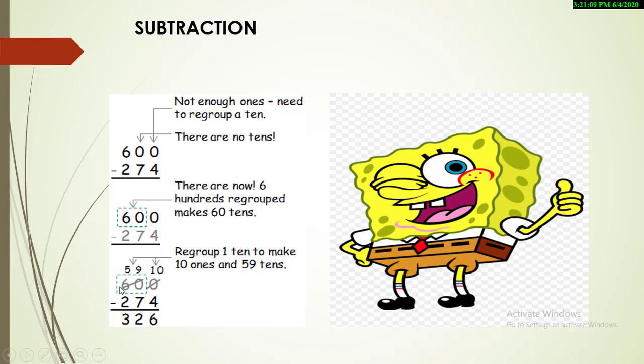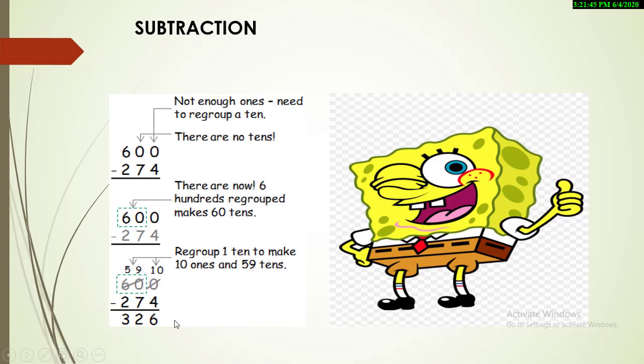So the 6 gives one to this, it will make it 10, but the number before the 6 also needs its help, so it will also take one borrow, and then you will subtract it like 10 out of 4, the answer will be 6. 9 out of 7, the answer will be 2, and 5 minus 2, the answer will be 3. So that's the question that I selected because it's a very tricky question.